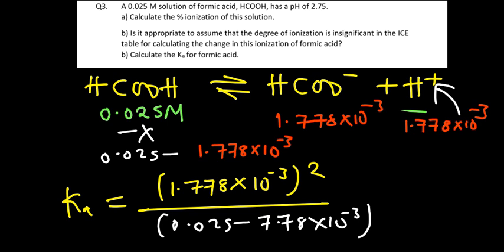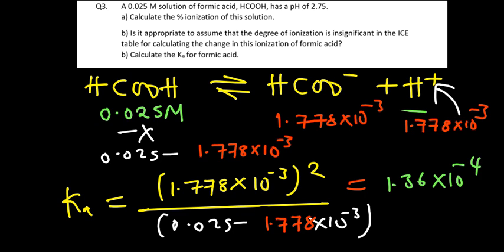So 1.778 times 10 to the power negative 3 squared, divided by 0.025 minus it. The value of Ka that I'm getting on my calculator is 1.36 times 10 to the power negative 4.